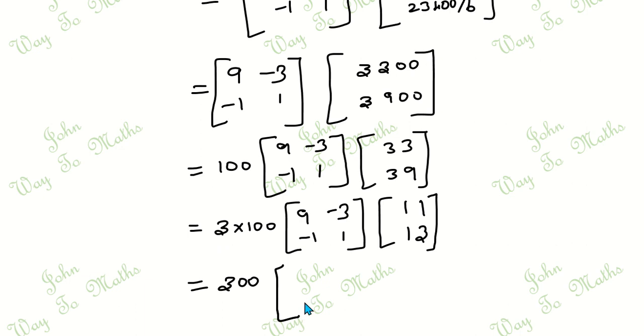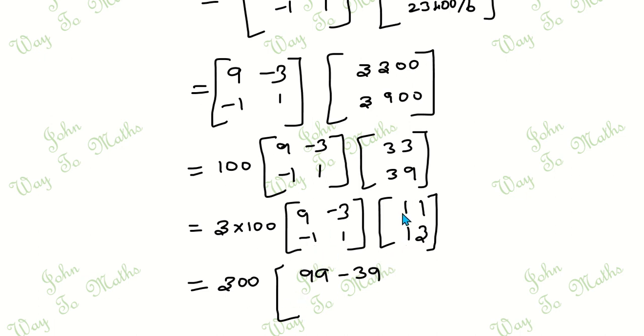Here I am going to multiply the first matrix and second matrix. So first row multiplied by first column. So 9 11s are 99. Then minus 3 into 13 becomes minus 39. Then second row multiplied by first column.